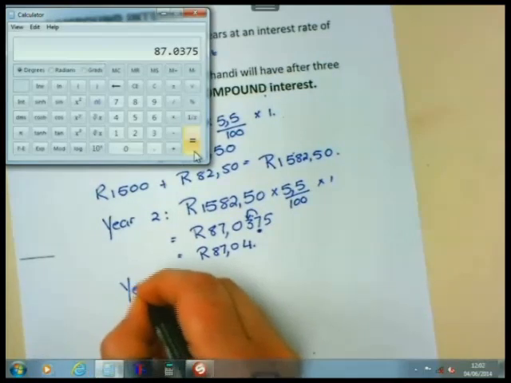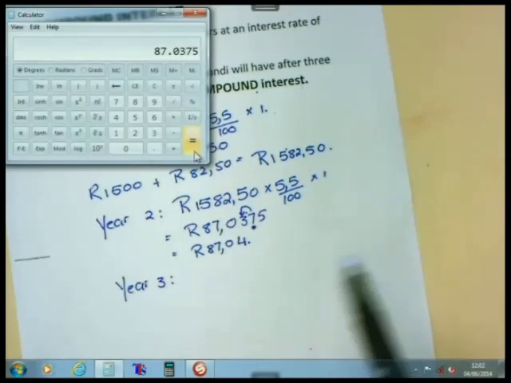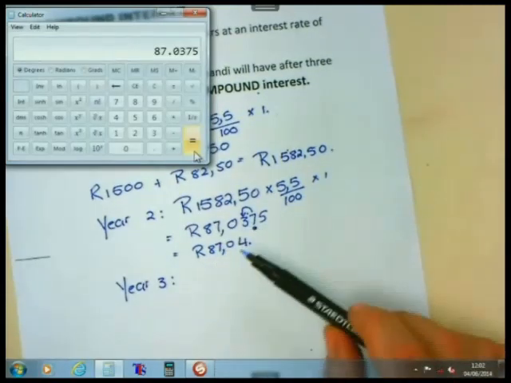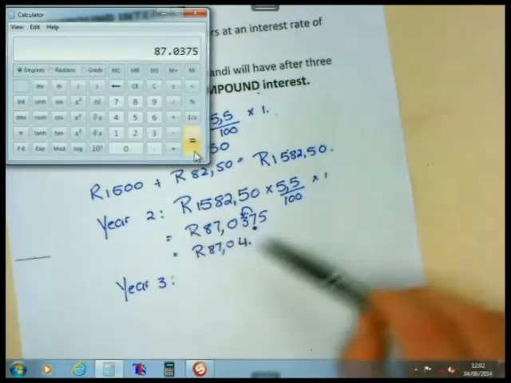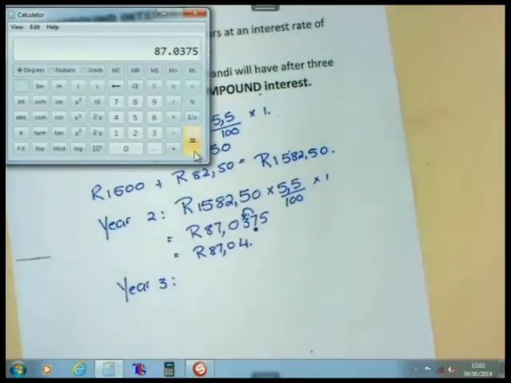Finally, if I come now to year 3, our starting amount will be determined by the final amount of year 1, plus the interest of year 2.